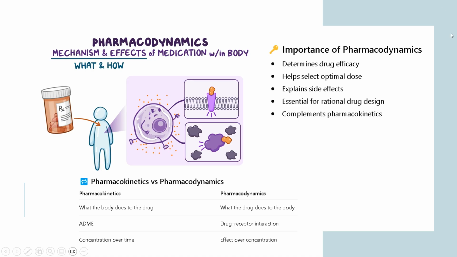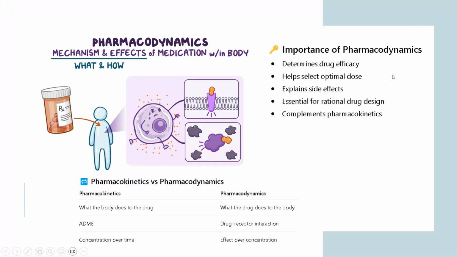So here you determine the drug efficacy. Efficacy means the power of the drug to treat that particular disease, how much of that drug is needed for the treatment. You determine how potent that drug is for your treatment.